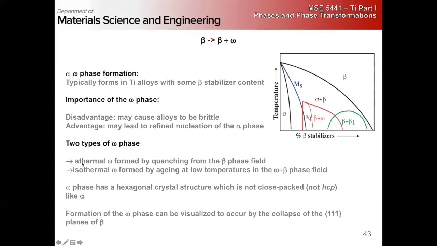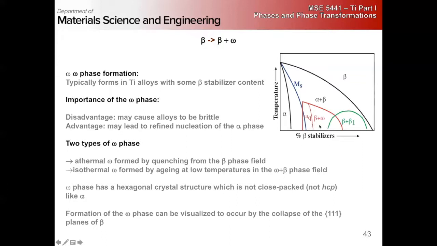This can occur to grow either athermally by quenching from the beta phase field, much like a martensitic type reaction, or isothermally by prolonged aging in this metastable beta plus omega phase field.